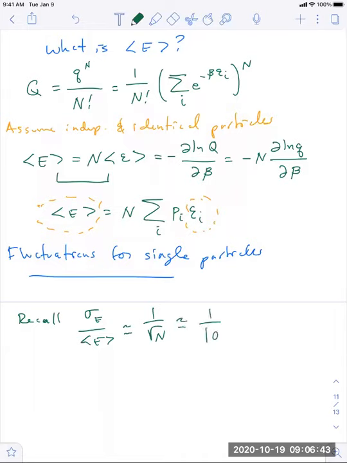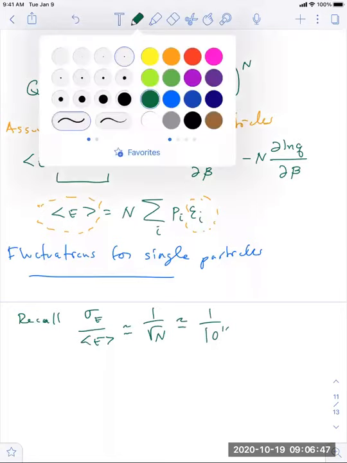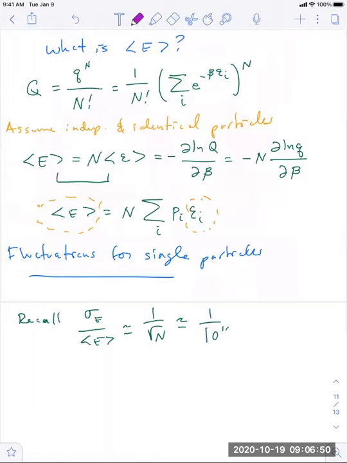And so this is very small. But if we're now in a single particle picture, fluctuations can become much more important. So let's show that for each particle, my fluctuation in the single particle energy is again the partial derivative of the average single particle energy with respect to beta.